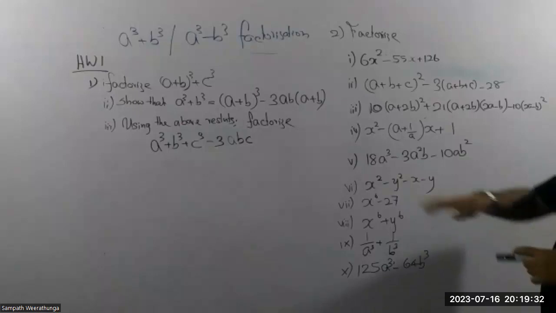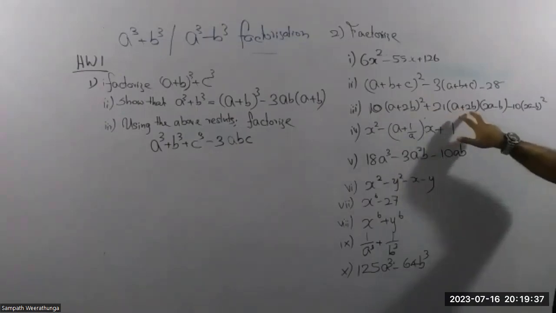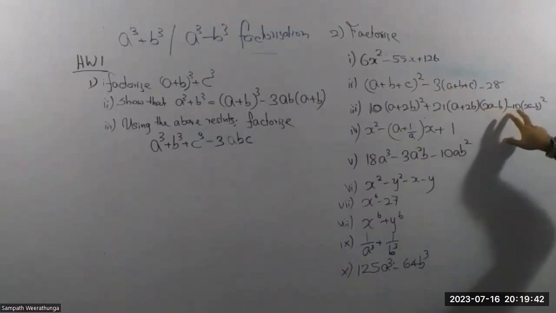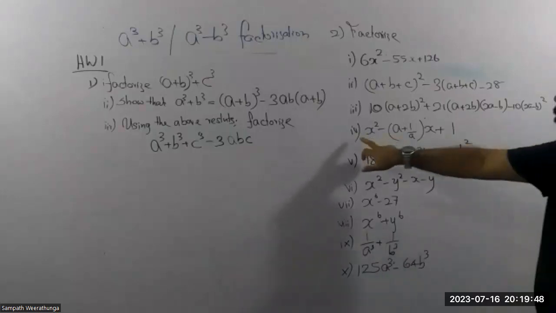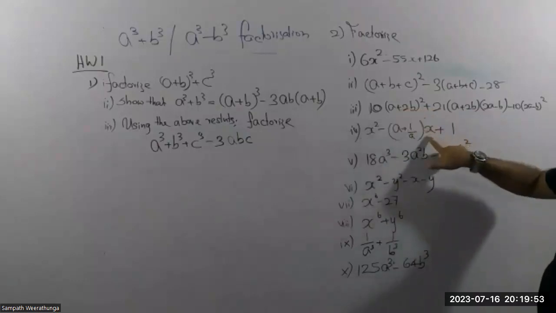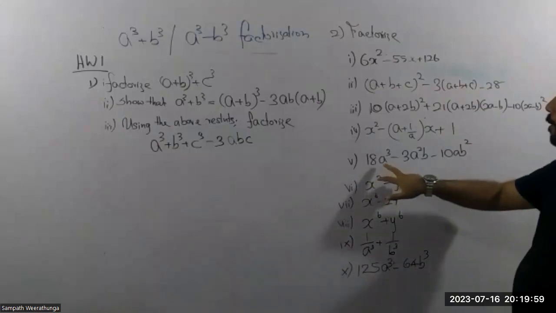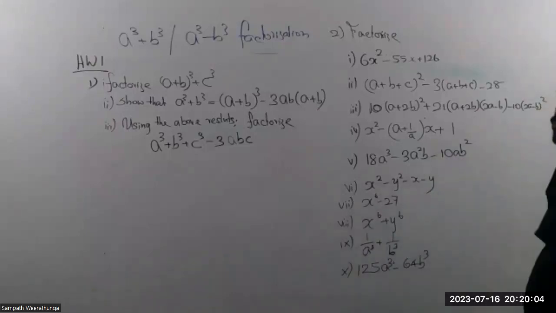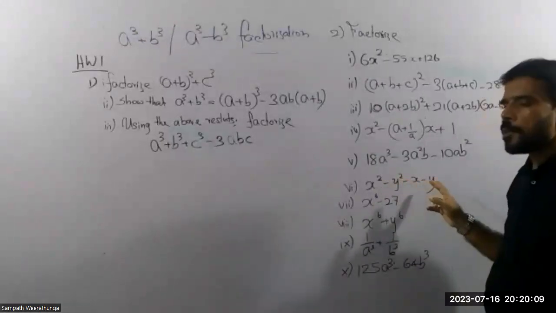Then the third one, 10(a plus 2b) squared plus 21(a plus 2b)(2a minus b) minus 10(2a minus b) whole thing squared. Then the fourth one, x squared minus (a plus 1 over a) times x plus 1. So we have factorized it. Then the fifth one, 18a cube minus 3a squared b minus 10ab squared. Then the sixth one, x squared minus y squared minus x minus y.